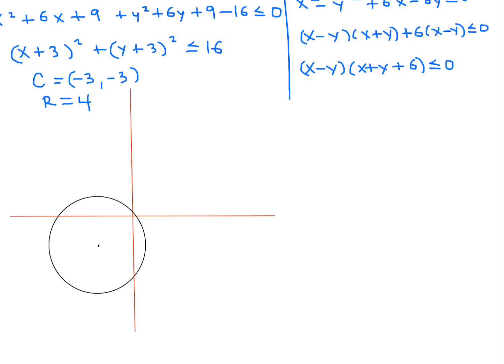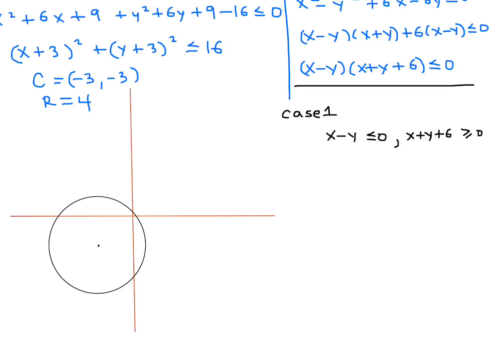And now we have to concentrate on this right here. X minus y times x plus y plus 6 is less than or equal to 0. So this is true in two possible ways. The first way is if x minus y is less than or equal to 0, and the other factor is greater than or equal to 0.